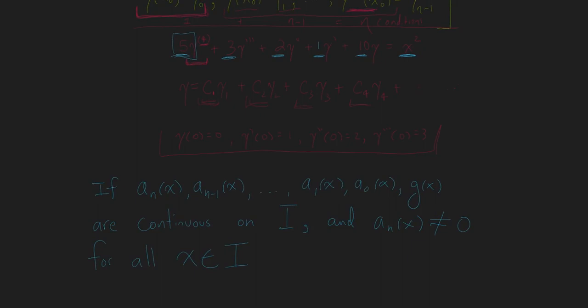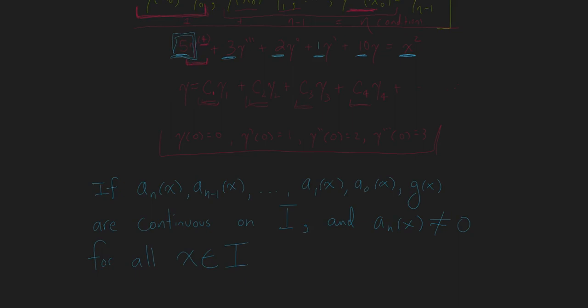And that would certainly be the case here because our a sub 4 of x is equal to 5. And under no circumstance, under no input of x from negative infinity to infinity will 5 ever equal 0. It will always equal 5.